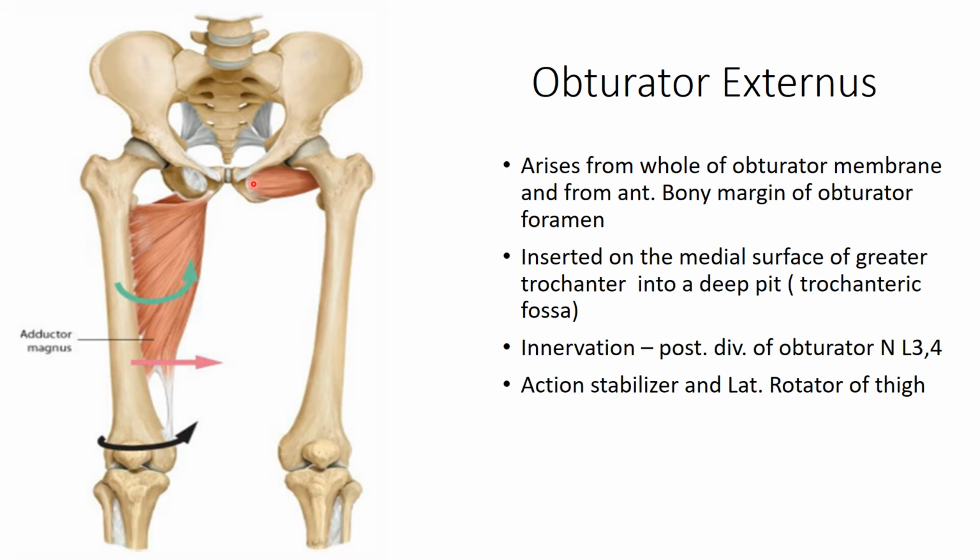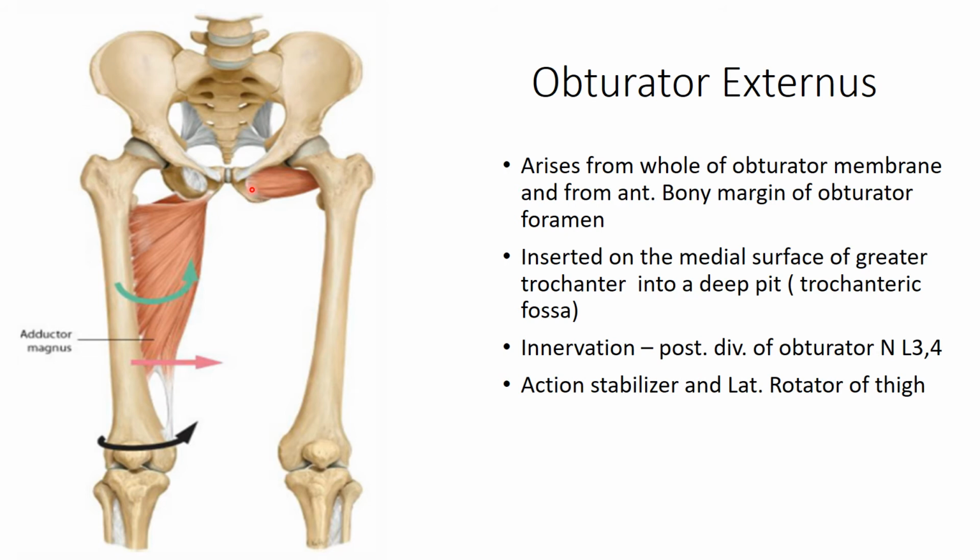They don't cover it completely, and that's why there is a notch above, and from this notch passes the neurovasculature of this obturator portion, or this adductor portion. So through this, the obturator vessels and obturator nerve come into this adductor compartment.